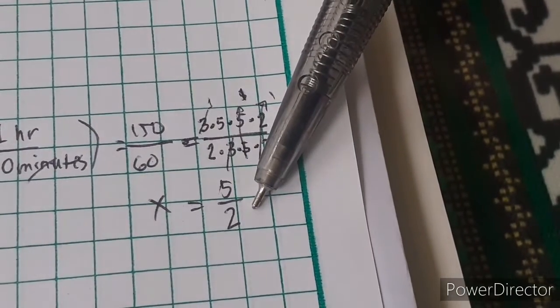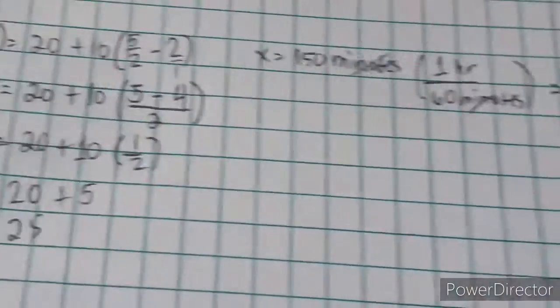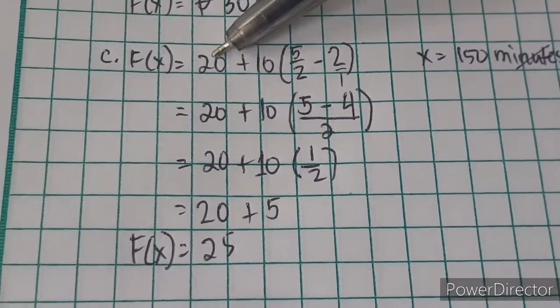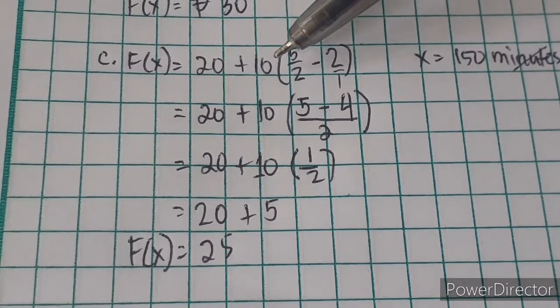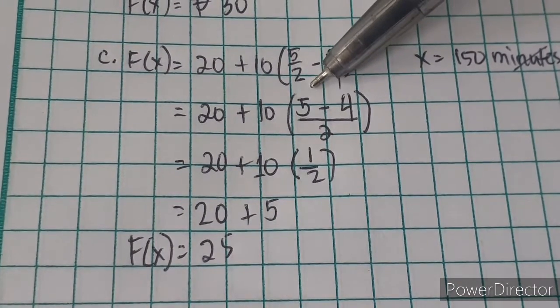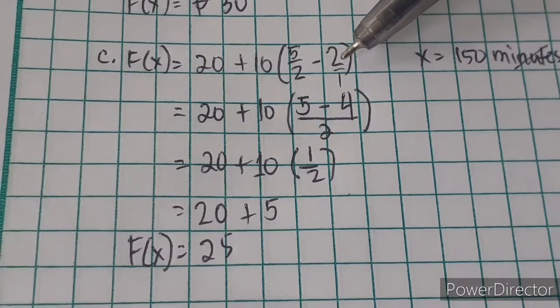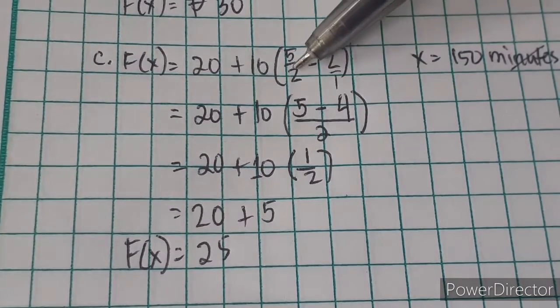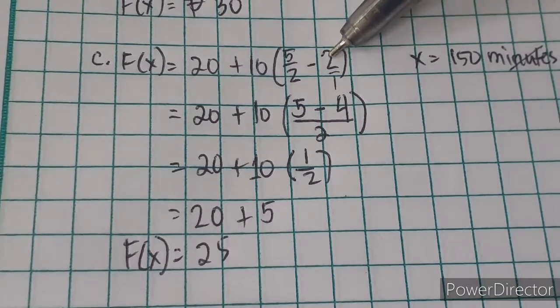And so we use this and we plug it in our function here. So f of x is equal to 20 plus 10 times 5 over 2 minus 2. What happens here is we will solve this one first.